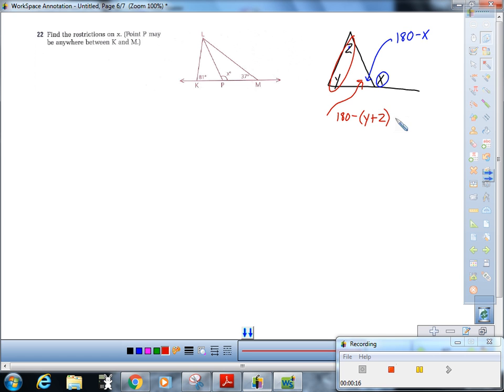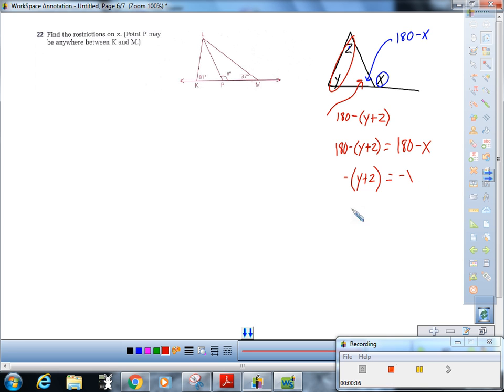I hope you guys understand. One, we used a supplement rule to do it, and the other one we used a triangle sum to do it. But those are the same angles, so we know that 180 minus y plus z must equal 180 minus x. So if you do a little math and subtract 180 from both sides, you get minus y plus z equals minus x.